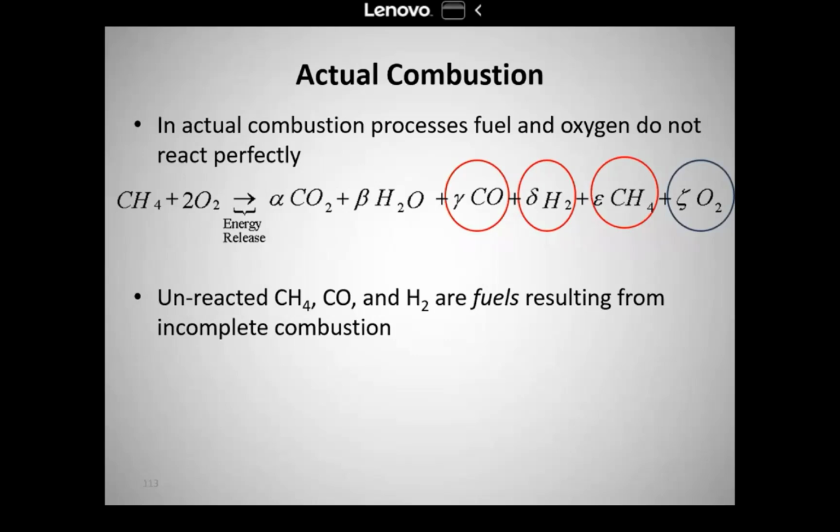And then I got some spare oxygen that was over on the other side. It was too far away, and that H and that methane molecule just couldn't combust. So they're going up the stack hot. So unreacted methane, CO, you can burn CO. It's not a good fuel, but you can burn it. CO and hydrogen are fuels resulting from incomplete combustion.